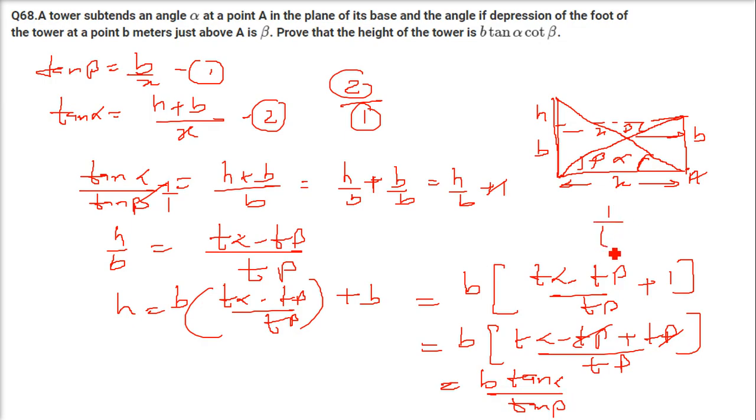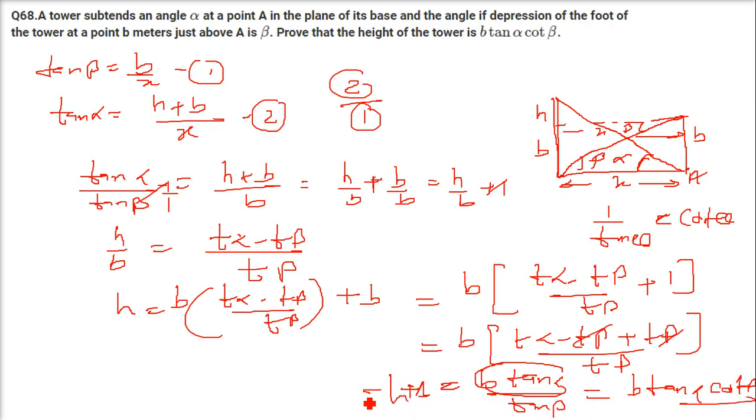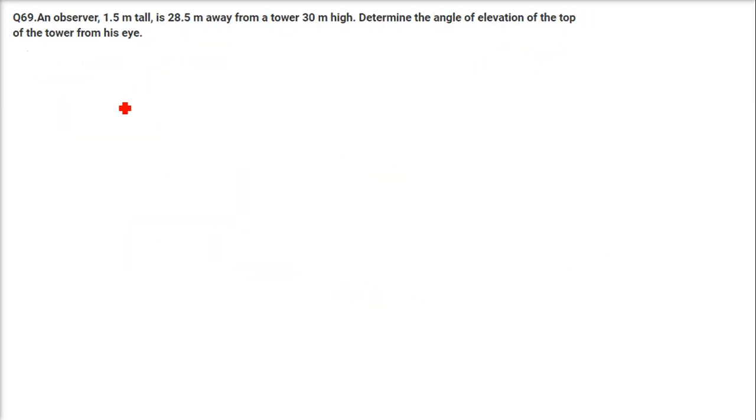But I can write 1 by tan beta as cot beta. This remains the same, B tan alpha, and 1 by tan beta can be written as cot beta. So this is your H plus B, that is your capital height H. This is B tan alpha cot beta, which is what was wanted.